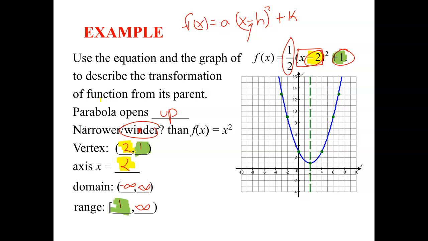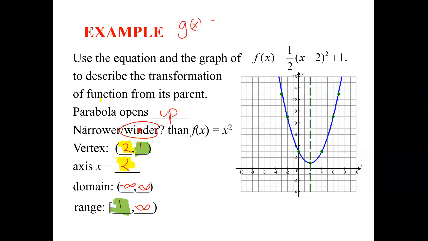All right, and the thing with our quadratics is this format transfers to every other function. Every other function that we have for transformations models that same exact thing. So if I have my quadratic and I have a compression of 1/2, right 2, up 1, instead of a quadratic, I could have a square root function.